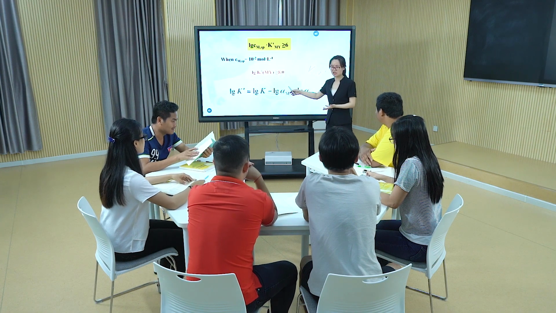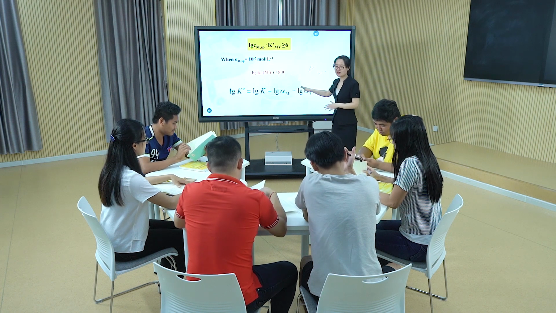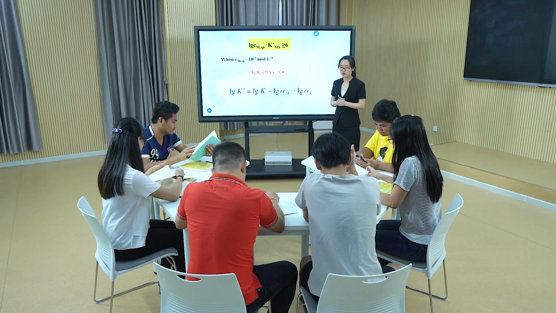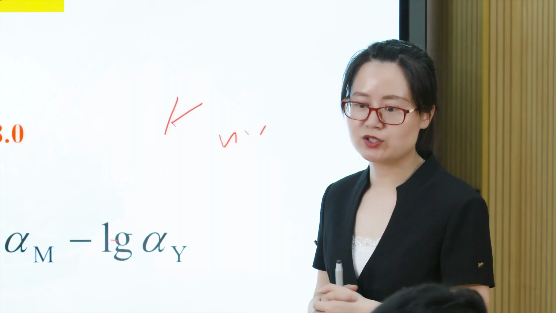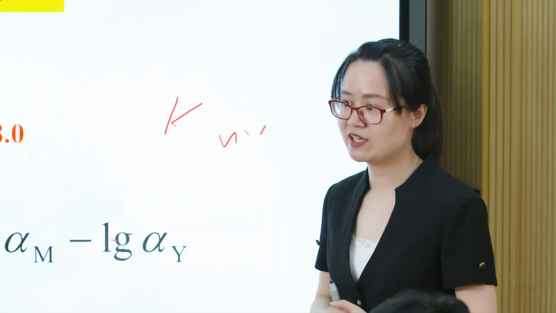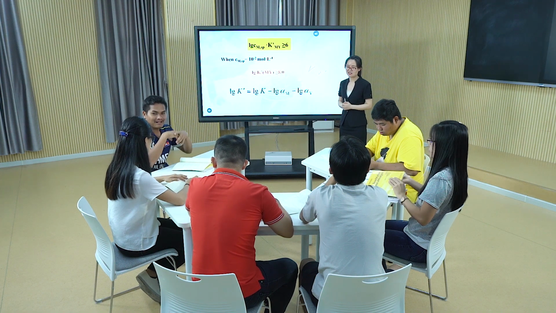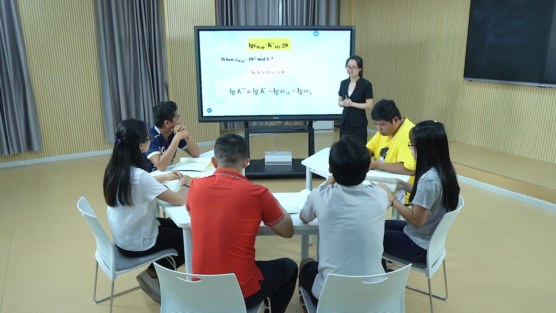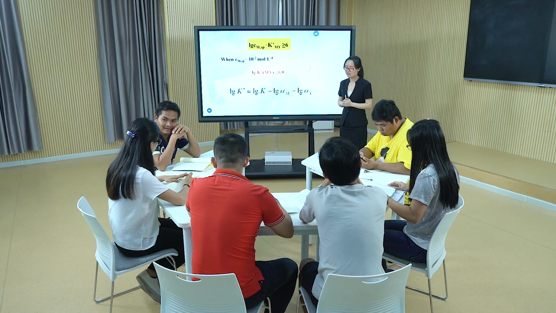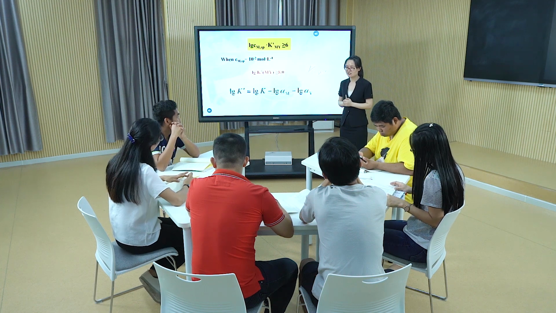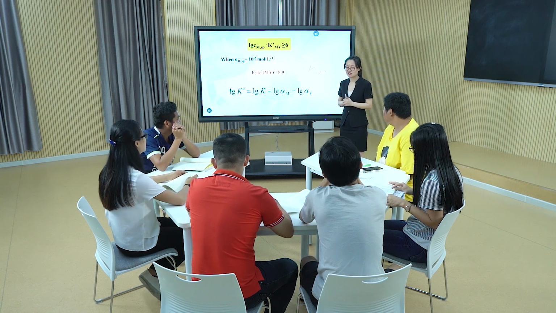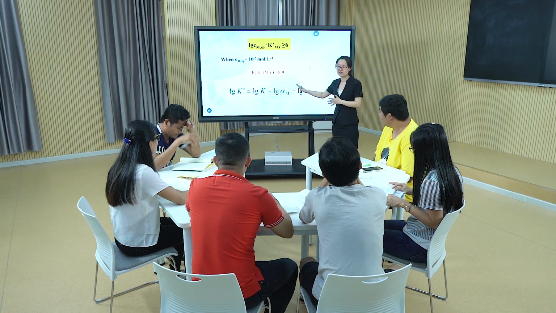Please check your book to find out what alpha_M and alpha_Y are. As a reminder, they are both coefficients. Have you found any clue? Alpha is a complexation effect, the complexation effect of M, right?